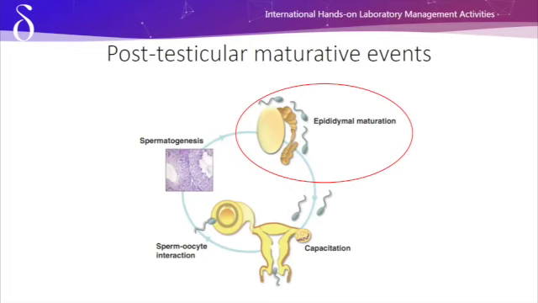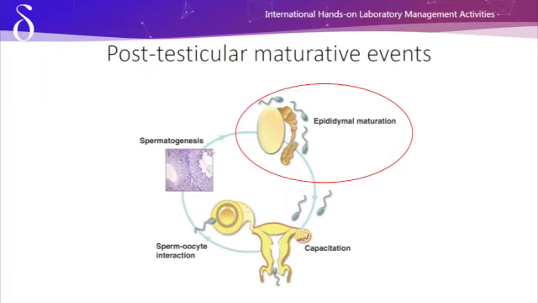But spermatozoa, when they are released from the testes, are not completely mature. They must then undergo 2 post-testicular maturative events in order to be able to fertilize an oocyte.